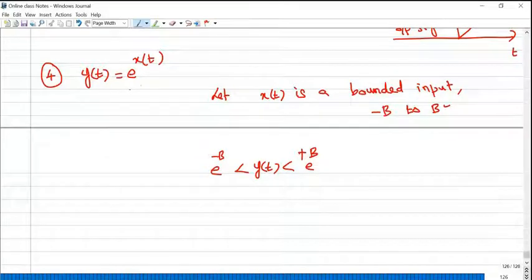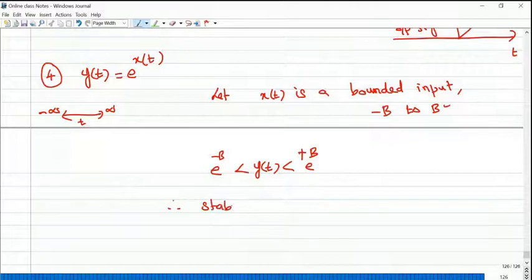The output never goes to infinity; for all values of t, the magnitude of your y of t is always a finite value.